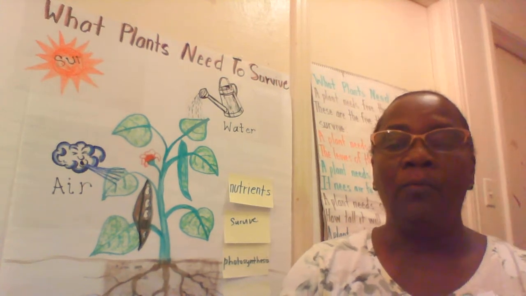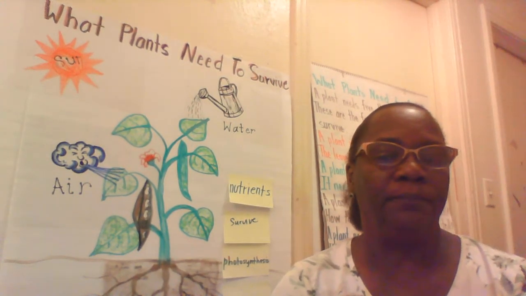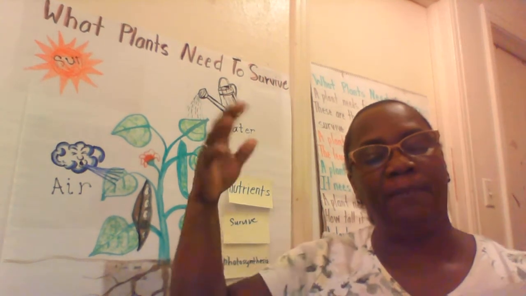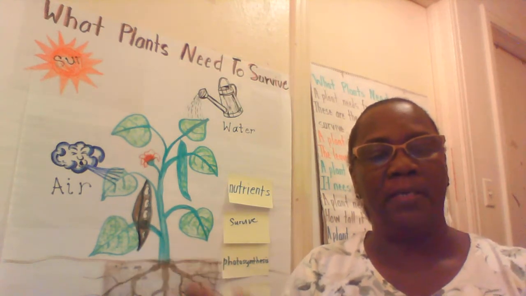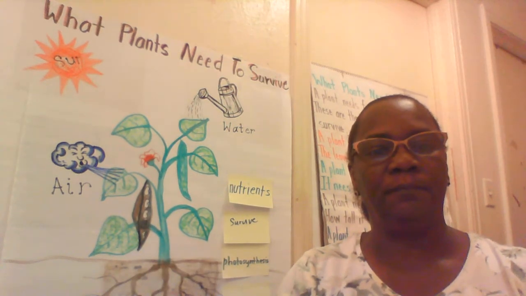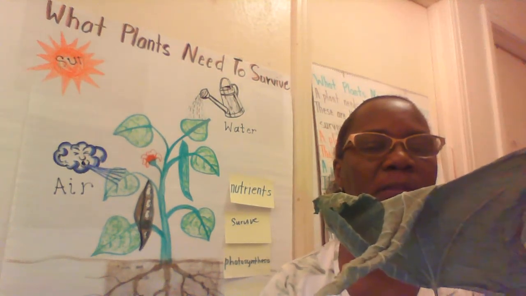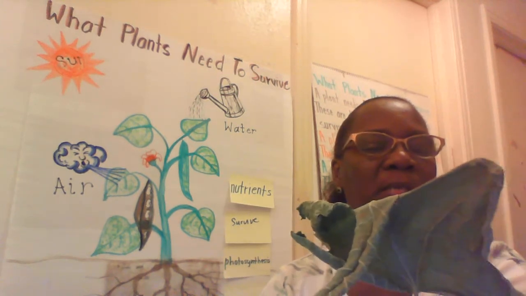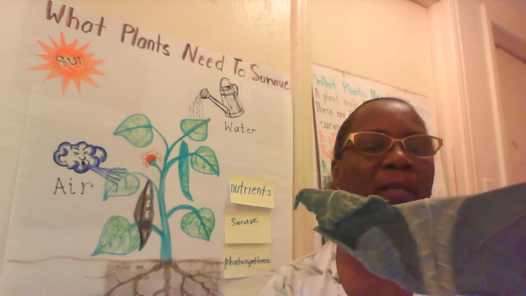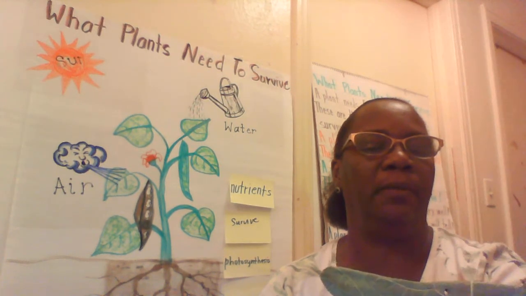Now, what do you think will happen if plants don't get enough water? Have you ever seen a plant wilted and drying up? Here is a leaf that I plucked off one of my plants, and it didn't get any water.